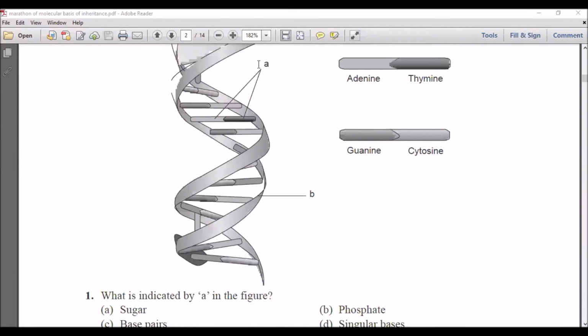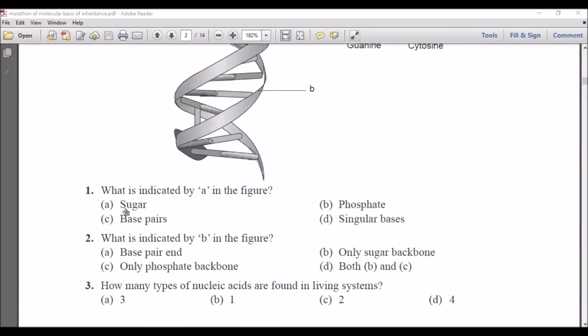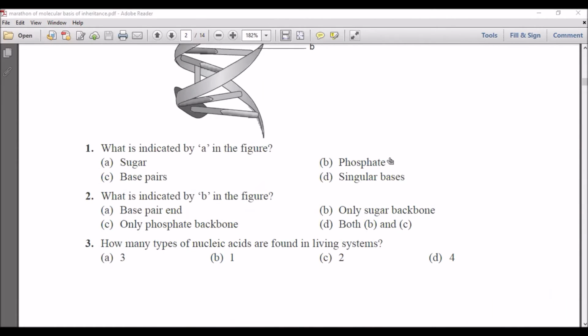You have to tell the name of this A. The options are: first, sugar; second, phosphate; third, base pair; and fourth, the singular bases. By looking at the figure, we can say that A represents the base pair.